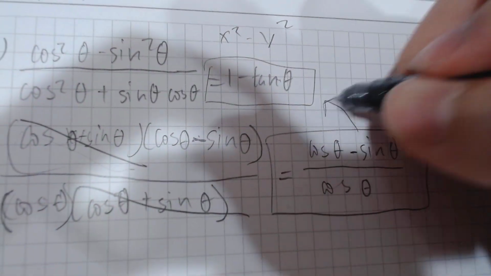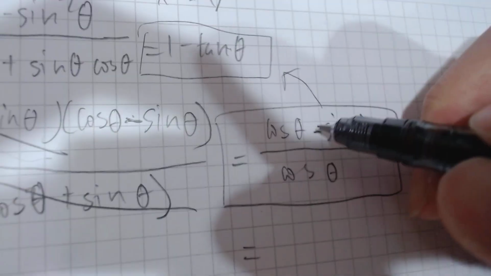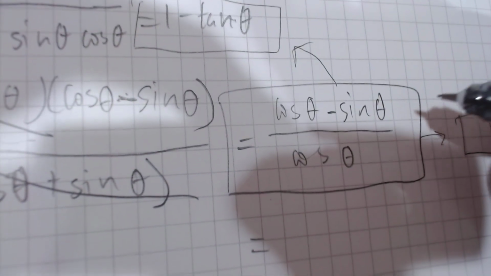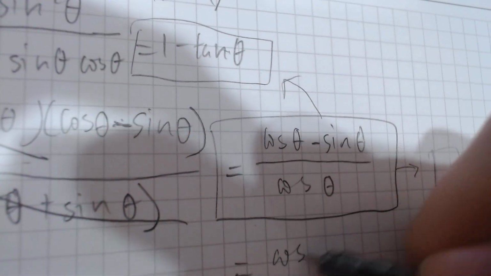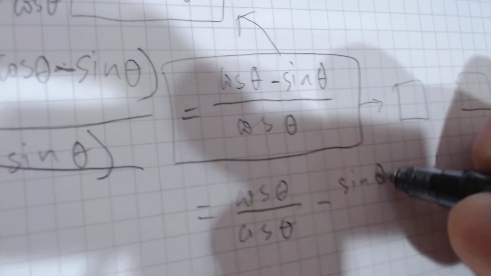How can you expand this into two? How you do this is look at the sign within the cos theta subtract sine theta, and you remember your fraction rules. It's basically cos divided by cos subtract sine theta divided by cos theta.